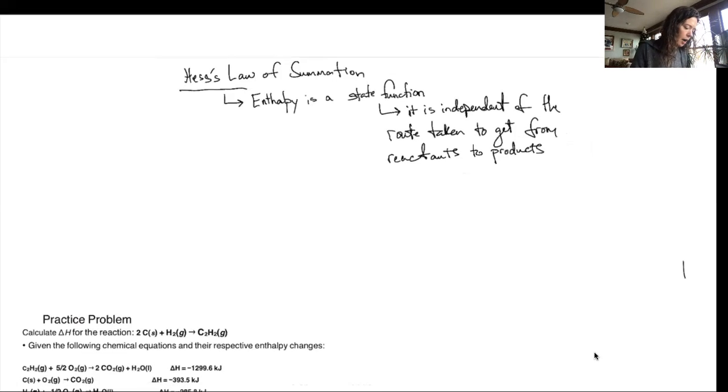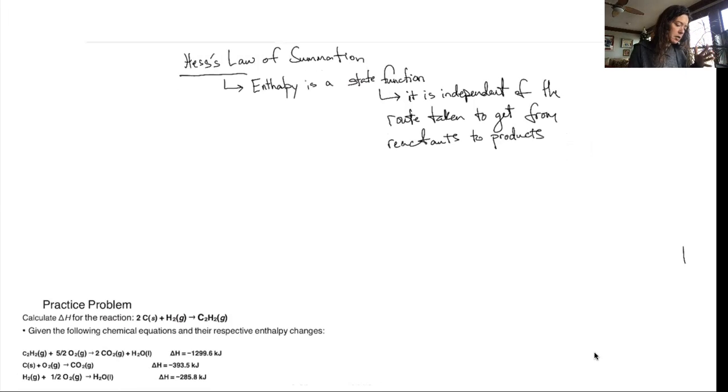So that allows us to take other equations and manipulate them and add them together, cancel reactants and products that are the same on both sides, and add up reactants and reactants that are the same, or products and products, and end up with another equation.